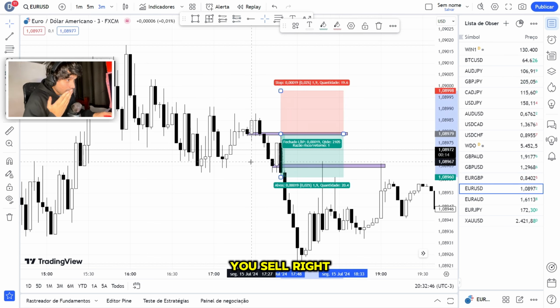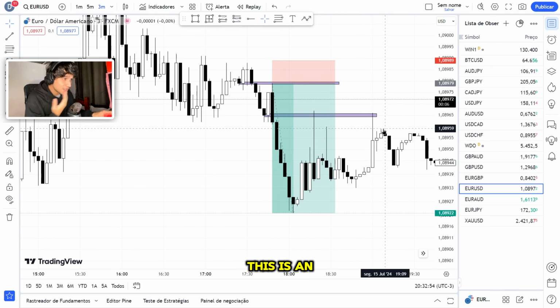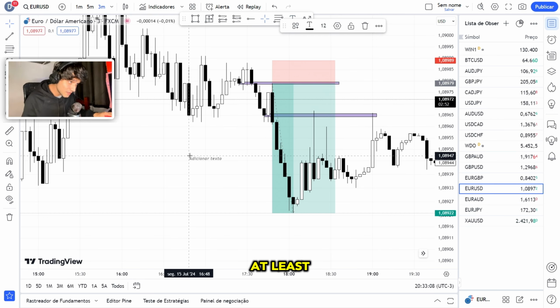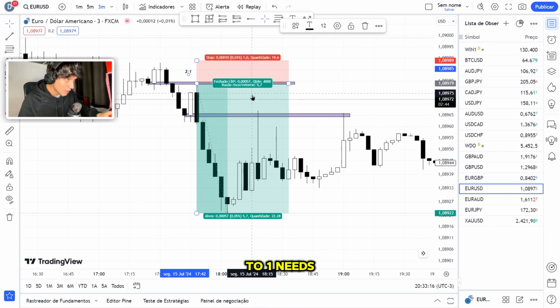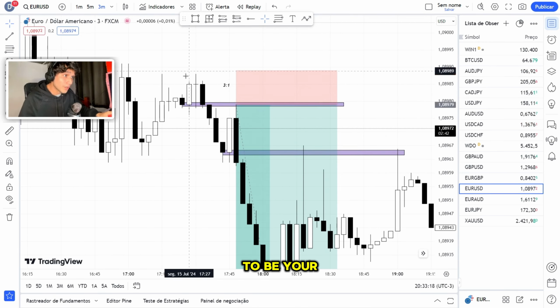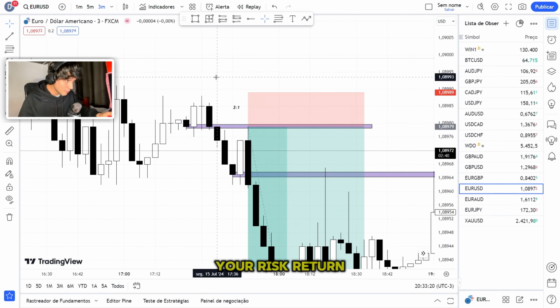Your sell right here. Look, this is an order block. You can trade order blocks, but keep in mind that your risk-return needs to be at least 3 to 1.